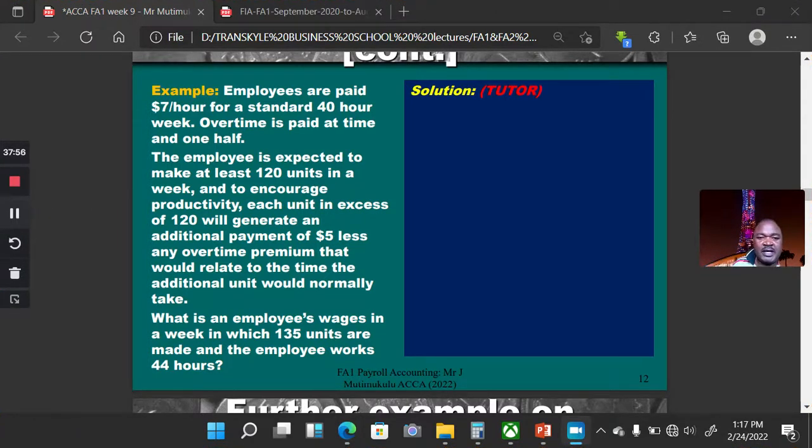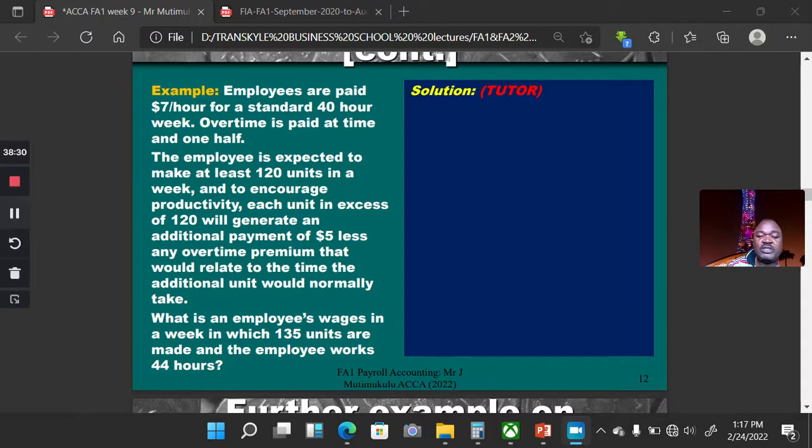Okay, employees are paid $7 an hour for a standard 40-hour week. Overtime is paid at time and 1/2. The employee is expected to make at least 120 units in a week, and to encourage productivity, each unit in excess of 120 will generate an additional payment of $5 less an overtime premium that would relate to the time the additional unit would normally take.